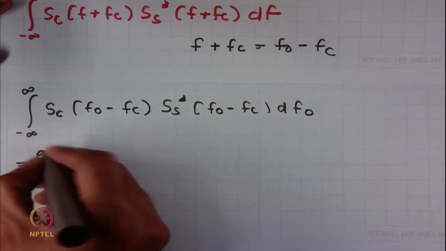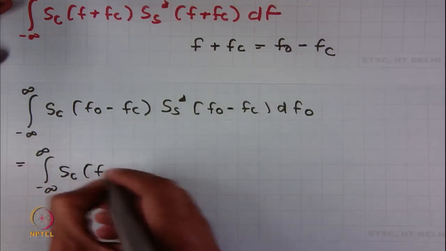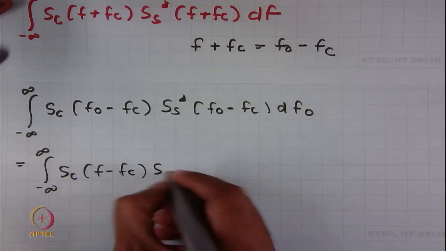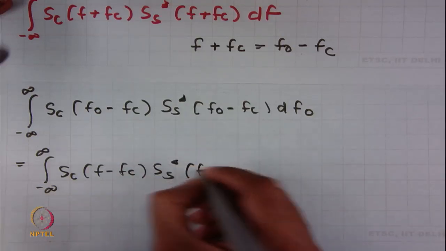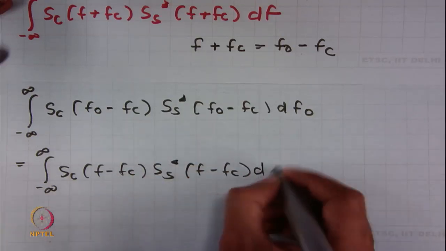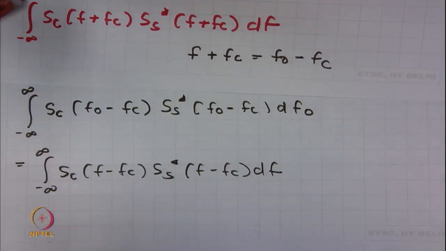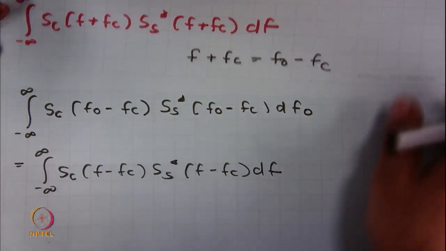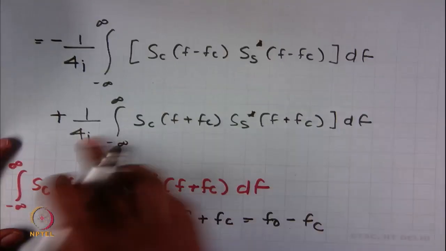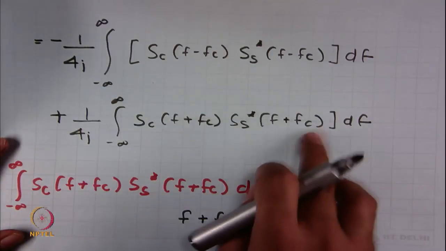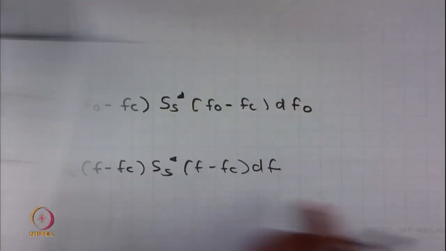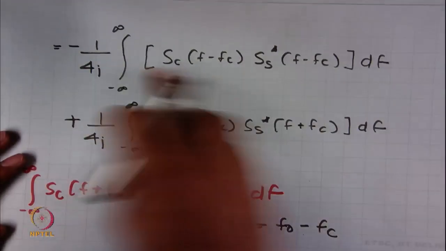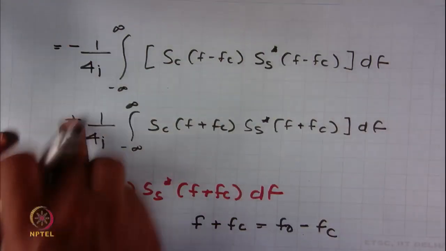Okay. So, we have this is same as this, and this in fact is nothing but the same as, just replacing f naught by f. So, this quantity what we had is same as this quantity, okay, and they come with the opposite sign.